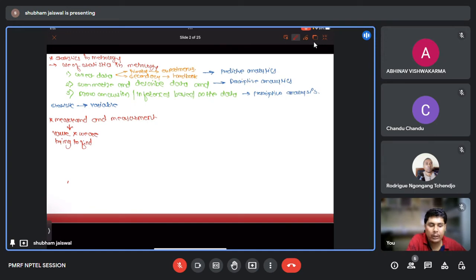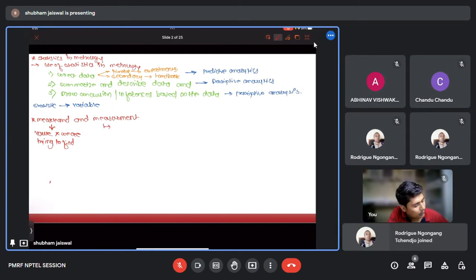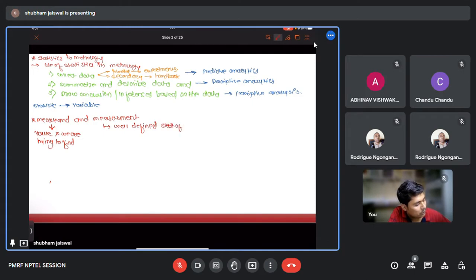And what is measurement? It is the well defined set of steps to calculate or to find the measurand. Okay.